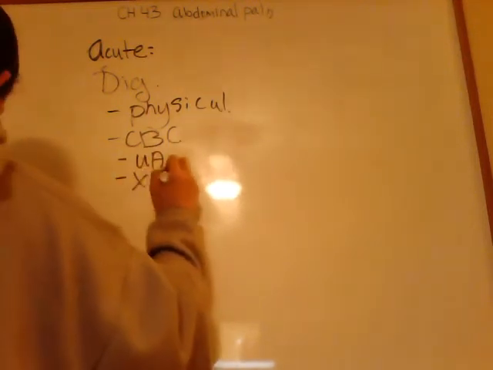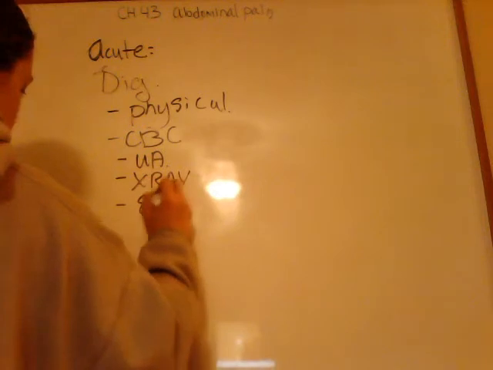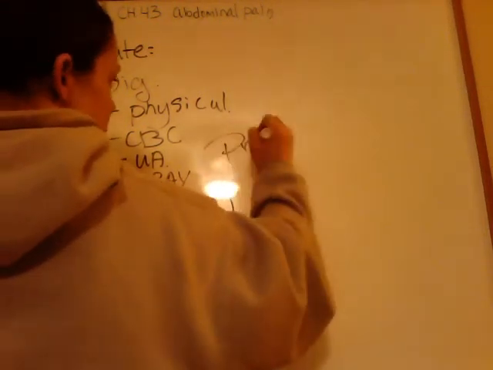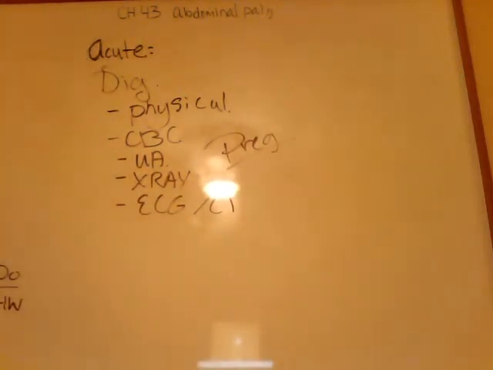X-rays might be indicated, ECG, obviously a CT, and a pregnancy test, because we just said ectopic pregnancy. I'd like to know if you're pregnant. All right, even if it's ectopic, you're still going to secrete the same type of hormones. So they're going to look for that ectopic pregnancy. They can also do something laparoscopically if they need to go in there and actually look around.